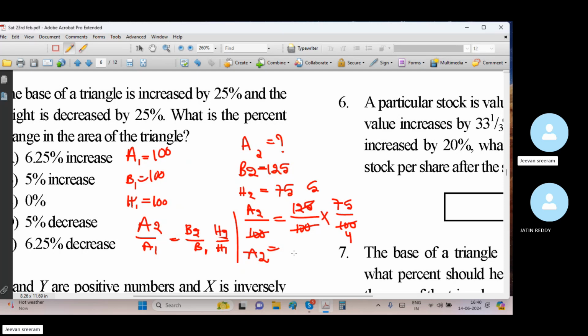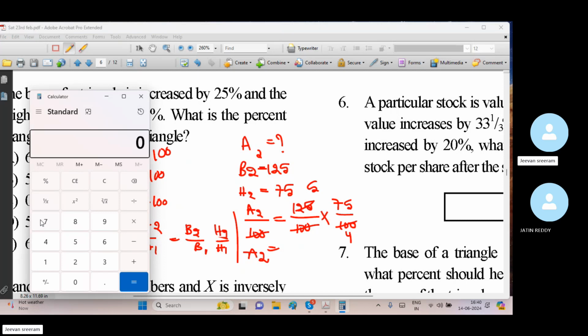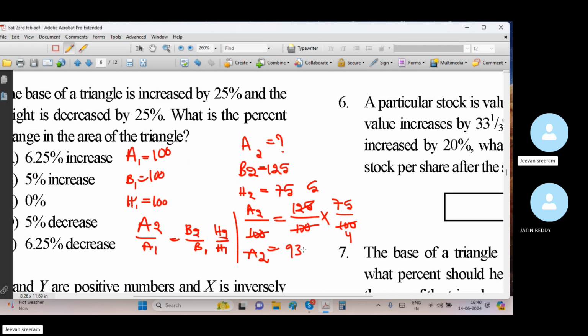So A2 is 75 into 5 by 4. 75 into 5 is 375, divided by 4, 93.75. So how much decrease? A1 is actually 100. A2 is 93.75.